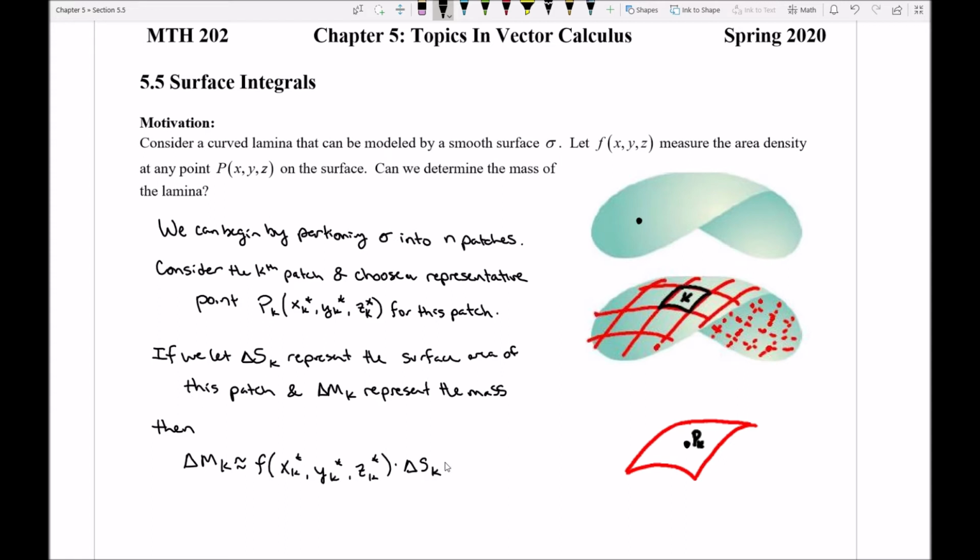So this would be like a representative mass of that particular patch. Again, we've selected a representative density. The density might change at different points, but if we use this as a representative point, and then multiply that by the total surface area, we'll get an approximation of the mass.